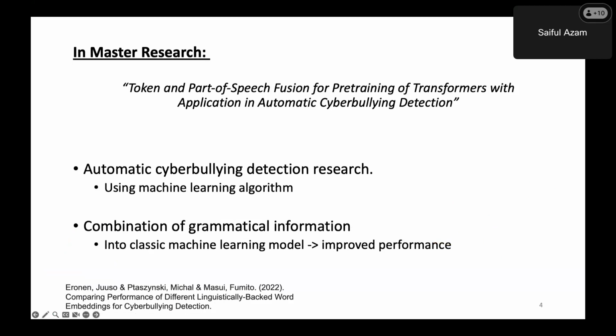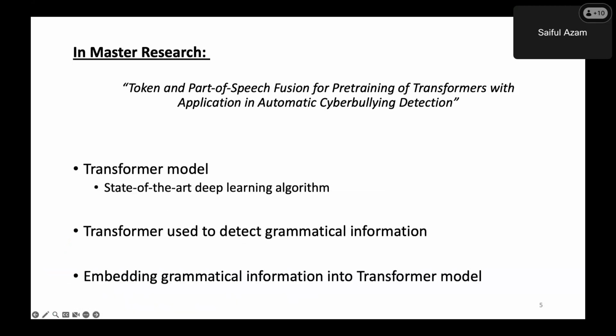It shows that the performance of the model improved in detecting cyberbullying entries. While there are transformer models, a state-of-the-art deep learning algorithm which provides a much more complex and better solution compared to classic machine learning models, no one has tried to embed grammatical information into the transformer model.